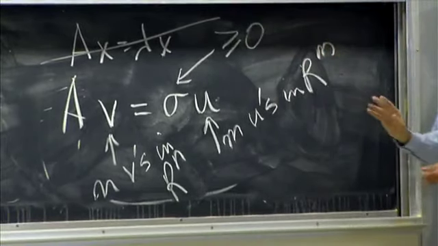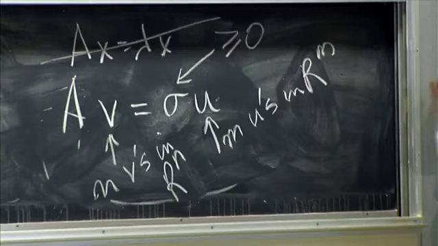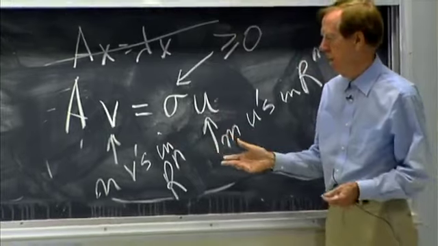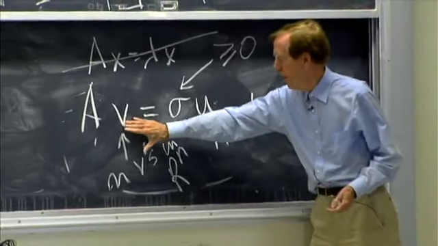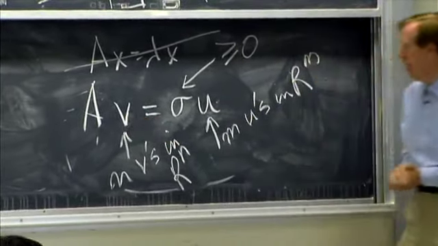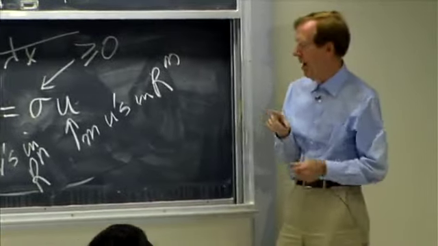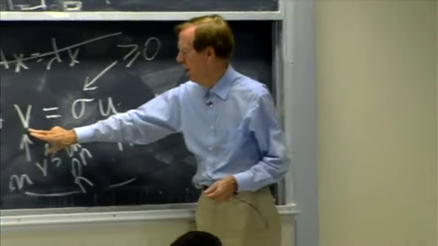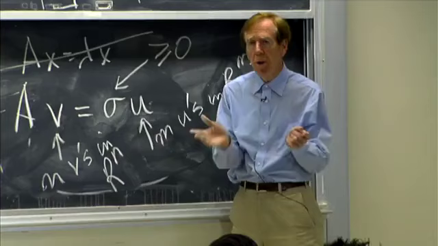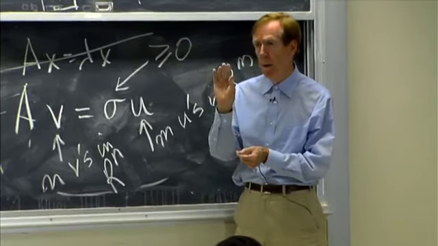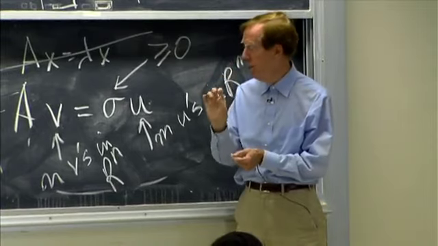So by allowing ourselves the freedom of right singular vectors and left singular vectors, we can get a lot more. Here's the punchline: we can get the V's to be orthogonal, orthonormal, just like the eigenvectors of a symmetric matrix.